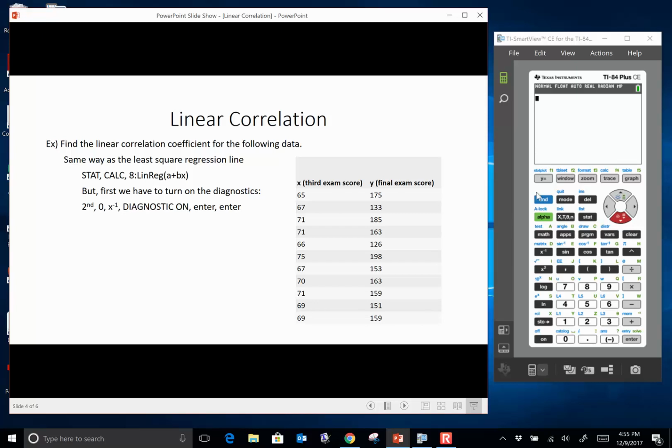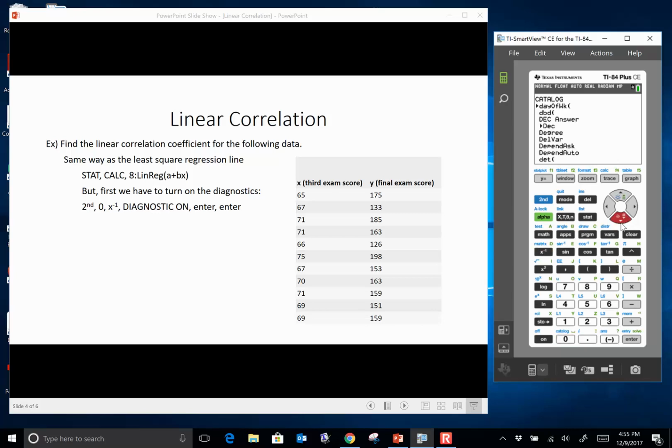You're going to go to second, 0, the number 0, and you see right above that means we're selecting catalog. And now we've jumped to the catalog. In this case, the catalog is defaulted to alpha, meaning it's seeing all the green on our buttons. So I'm going to jump to the D's by hitting x to the -1, because x to the -1 is associated with the D's.